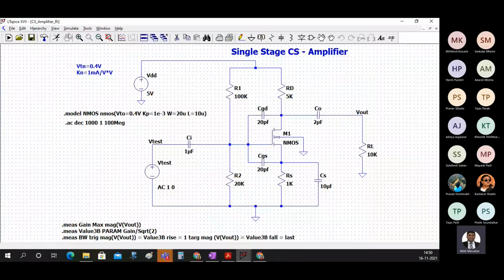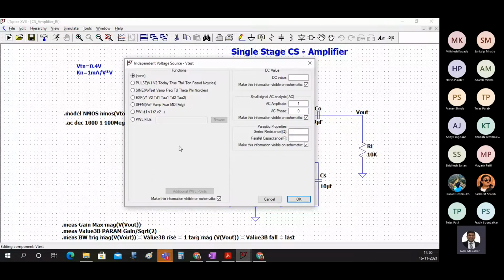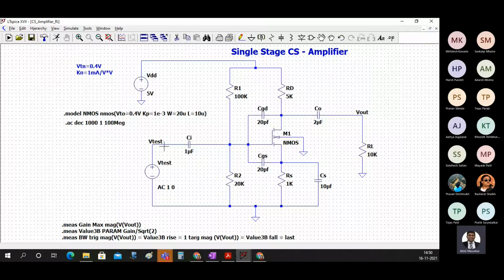What I did now is I selected this as none. You can allow this to be whatever it is, and here you can write V test instead of V in. So you are giving a test voltage here. Everything else will remain the same.